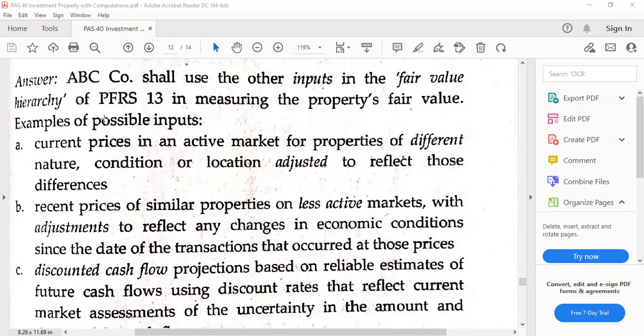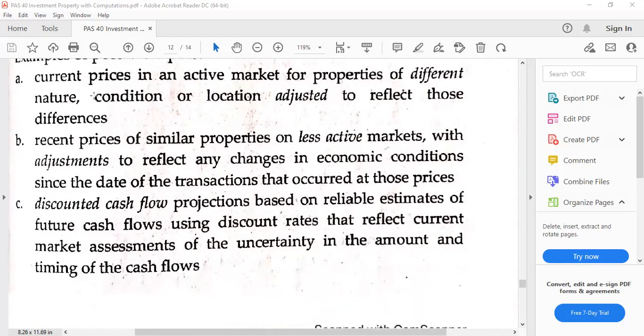Since we cannot determine the ready market for this asset or this land or this building, for example, then look for similar, let's say land or building, but in different nature, condition, or location. And then that's an active market.